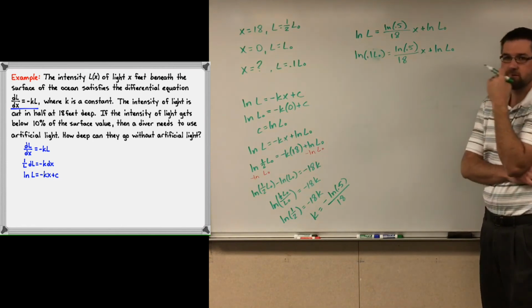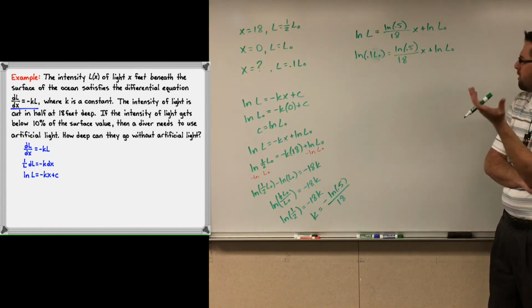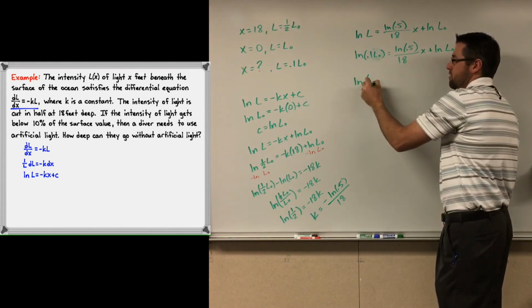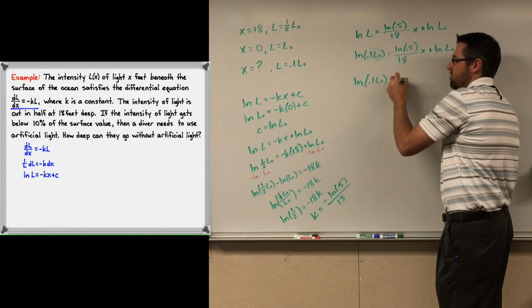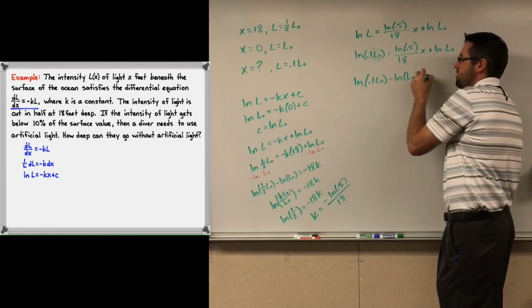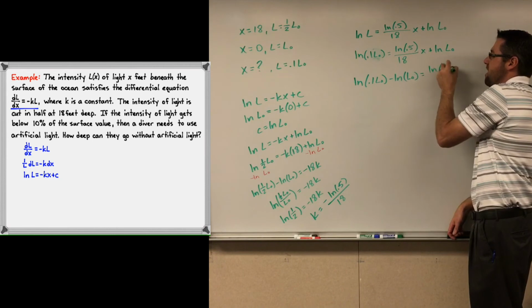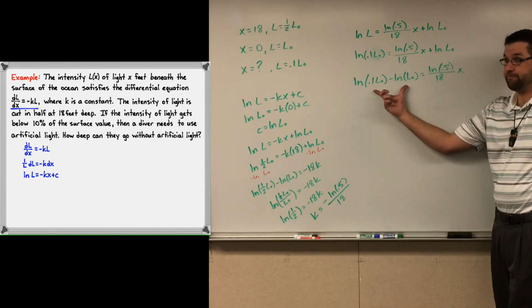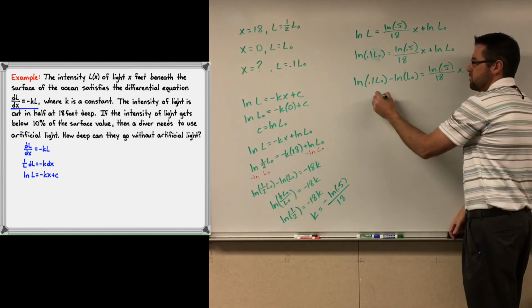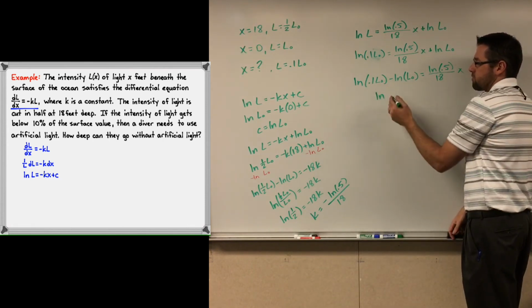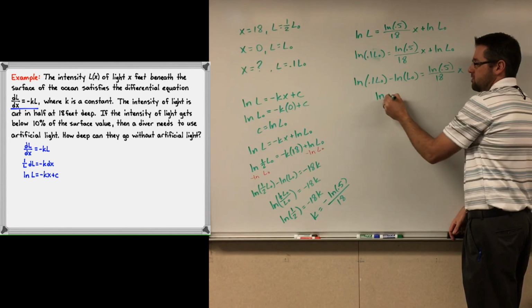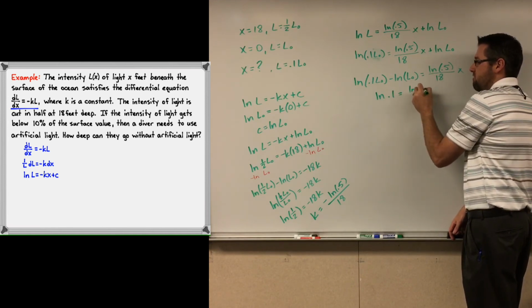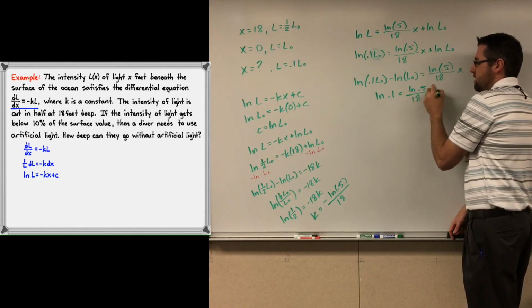Now we got to solve for X. Subtract natural log of L0. So the natural log of 0.1 equals the natural log of 0.5 over 18 and then x.